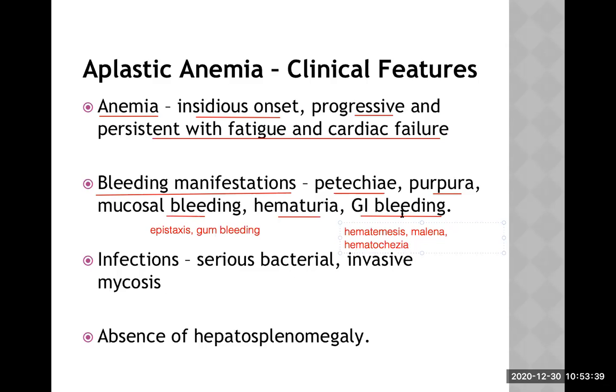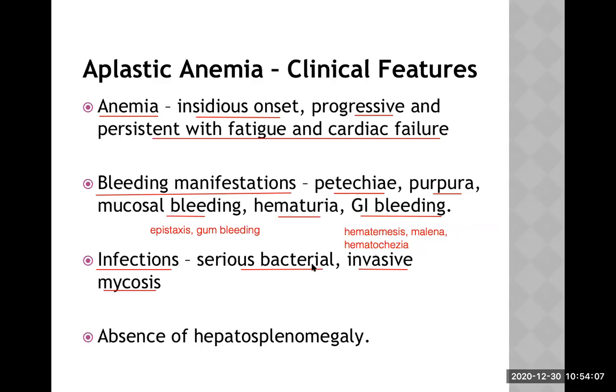Now, what happens because of decreased WBC? The patient suffers from different infections. That infection can be serious bacterial infection and invasive mycosis, which is an invasive or systemic fungal infection. That's why the patient has a high chance of death because of this infection.